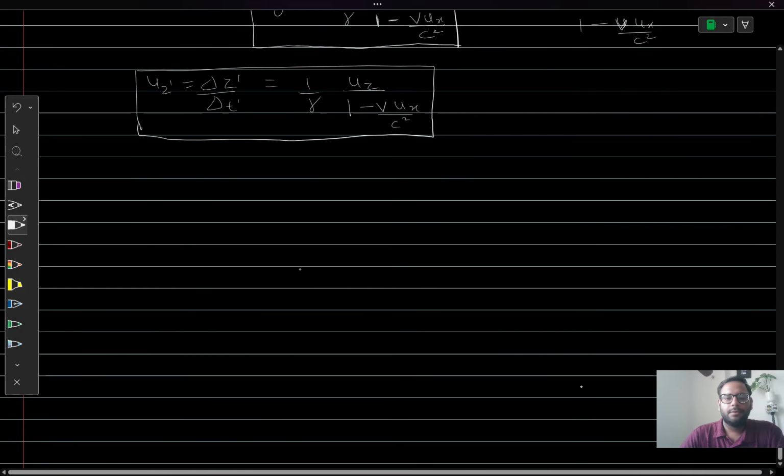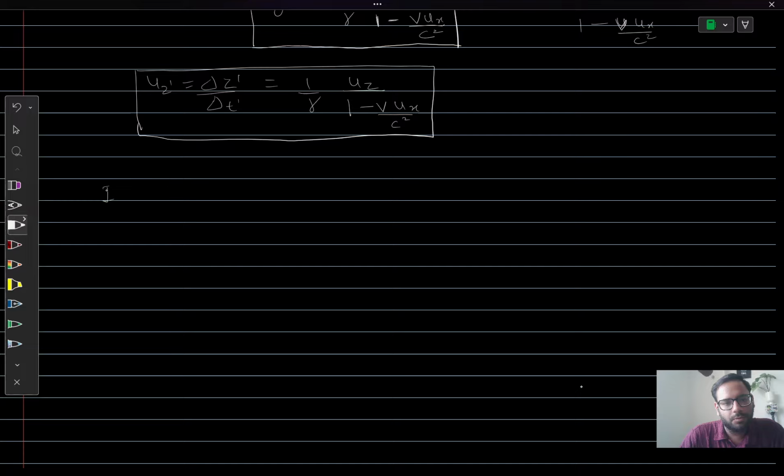And you just check the slow limit. In the beginning of this course, I told you that Galilean transformations are just a special case of Lorentz transformations.